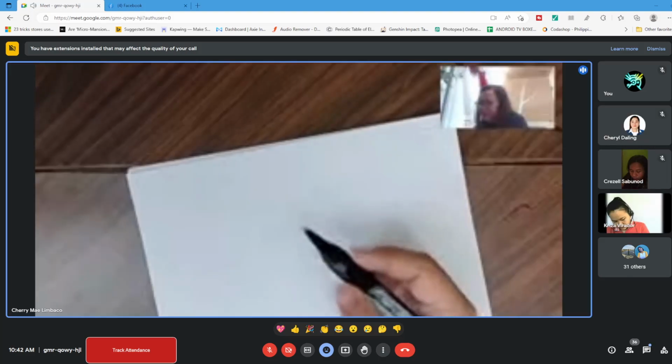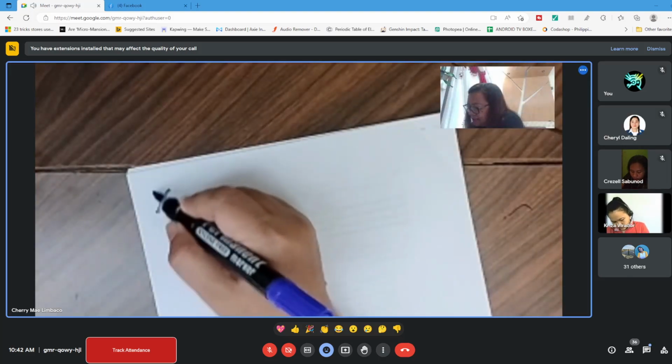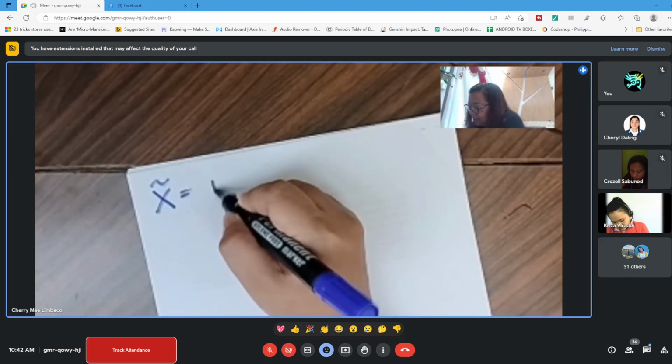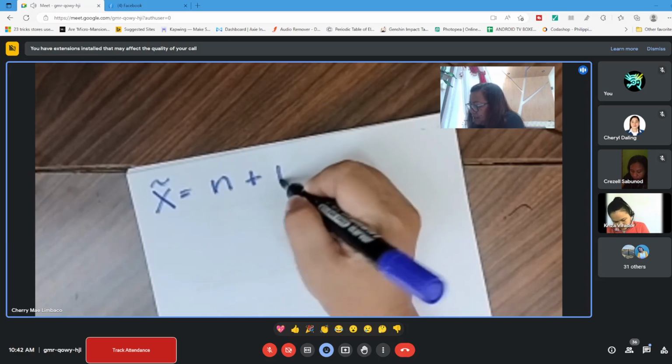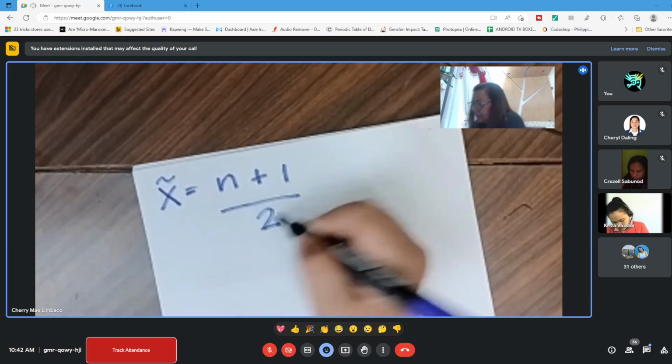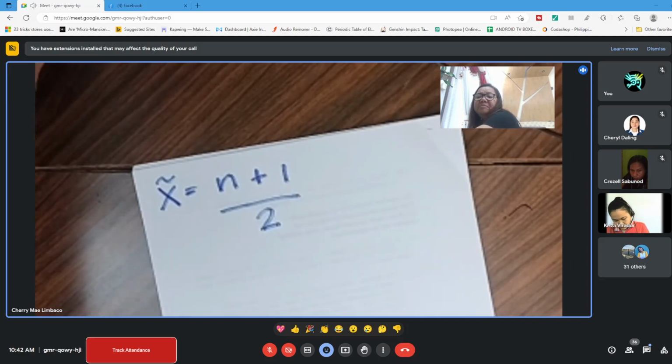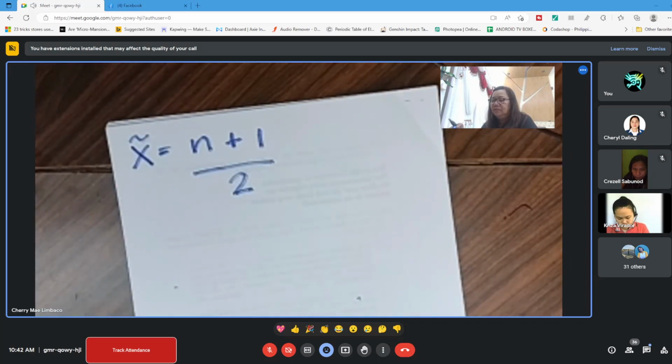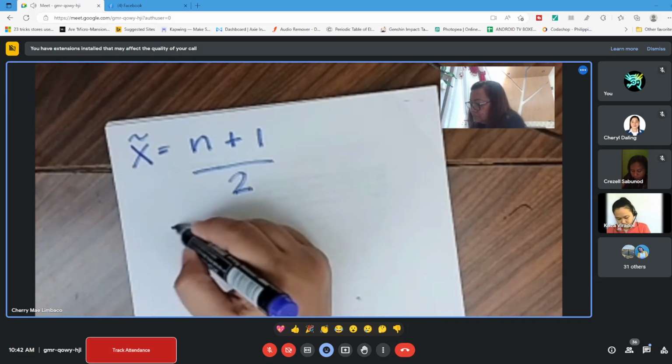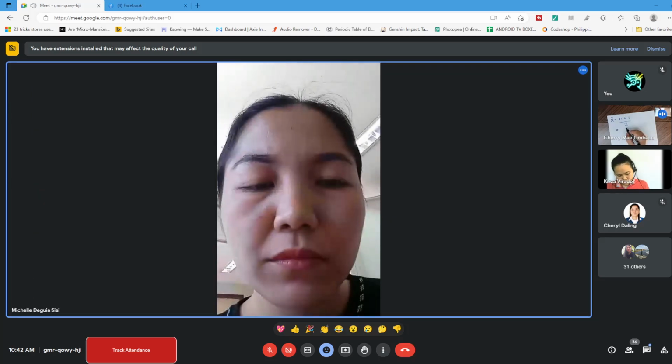Now, the formula is median is equal to N plus 1 over 2. What is my N? 8.